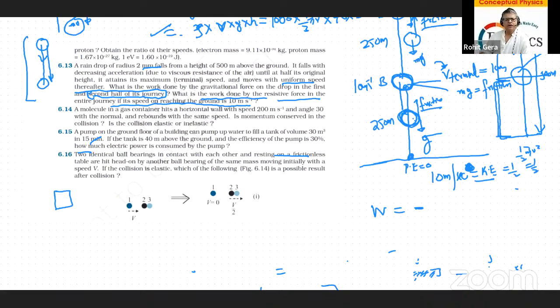If you fall through the first half like this, if you are supplying friction in the first half, then here you have mgh and here you have mgh/2 plus half mv square.